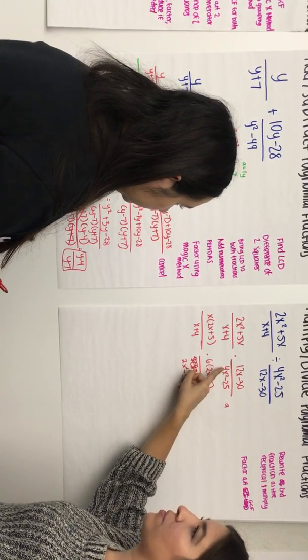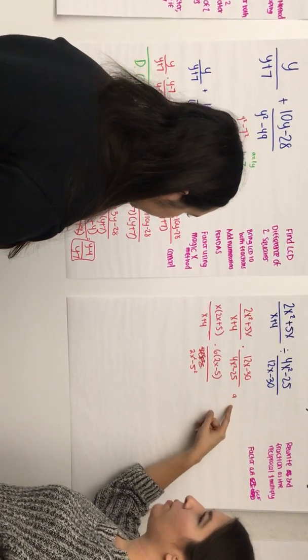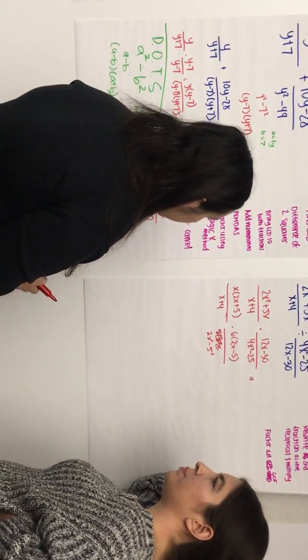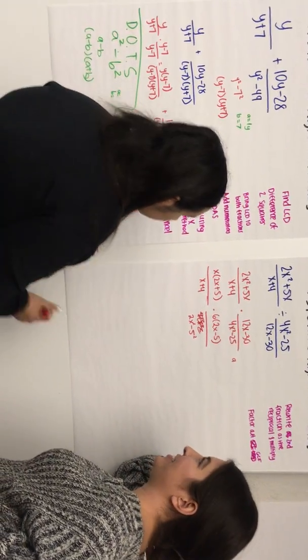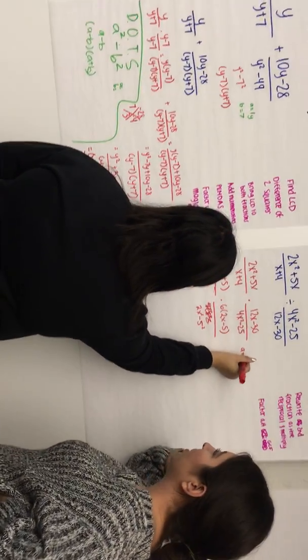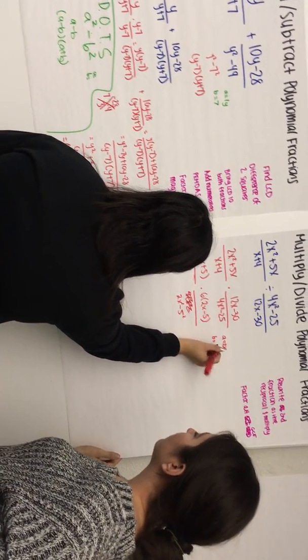So that's why it's a difference of squares. That's 2 squared and x squared. So then a would equal what? 2x. Yes. And then b is 5.